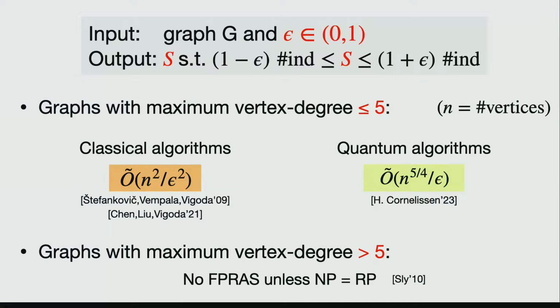When the maximum vertex degree is above 5, you again observe some phase transition, and the problem becomes complicated again unless some complexity classes collapse. So for the rest of the talk, I will first try to give you some insight about this classical MCMC method for achieving this quadratic running time. And then we'll see how it can be improved to arrive at the quantum speedup.